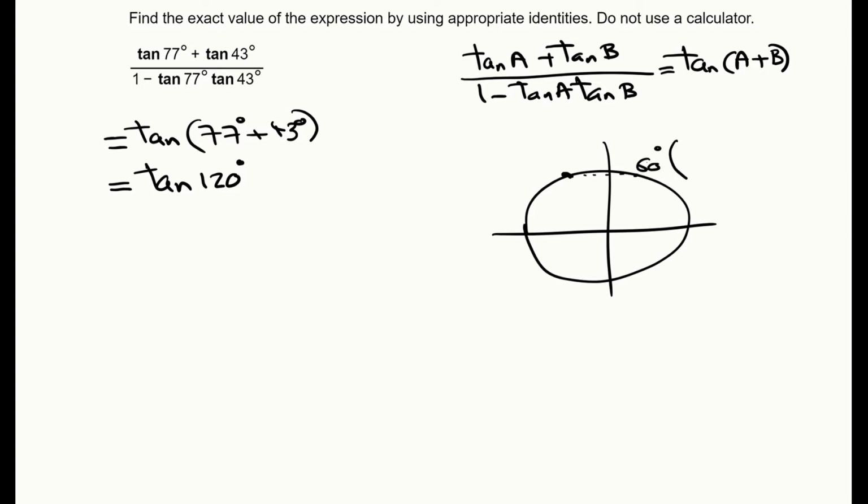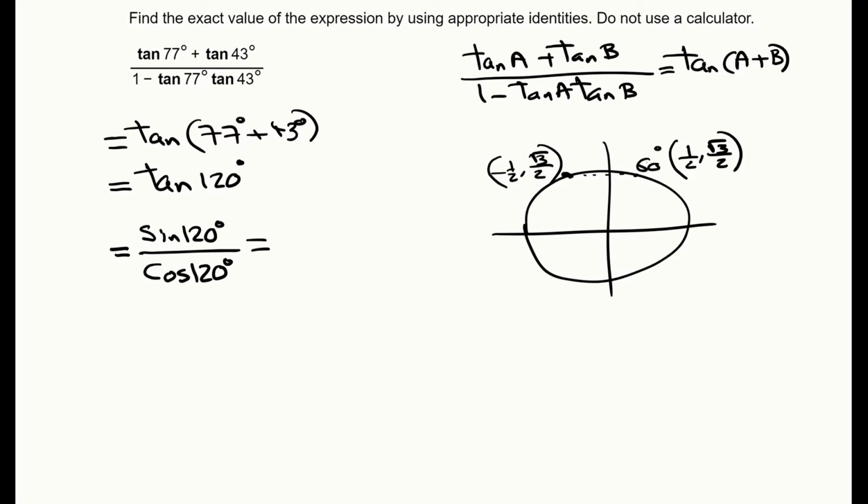Of course, we have the values for 60 memorized as 1/2 and square root of 3 over 2. So we know the value here of the cosine will be the opposite, but the sine, the y value, will be the same. So negative 1/2 and square root of 3 over 2 are going to be the values we're going to be using. So of course we know tangent is sine over cosine.